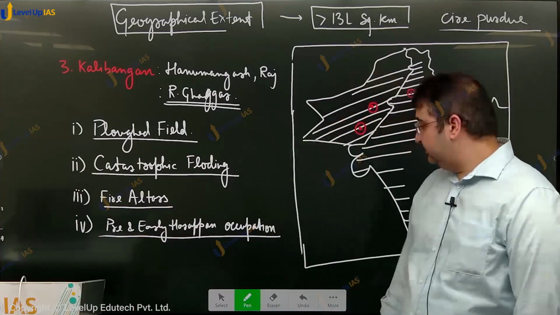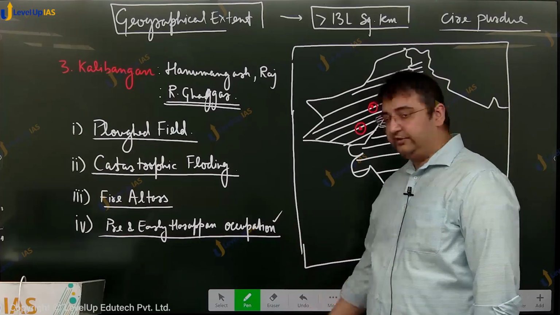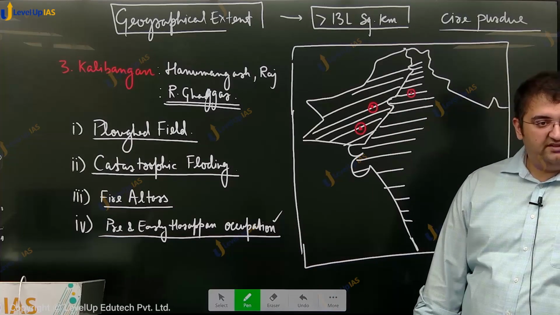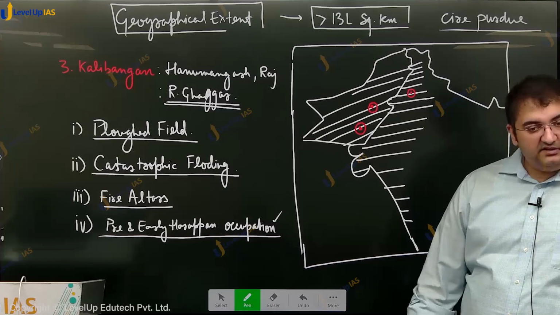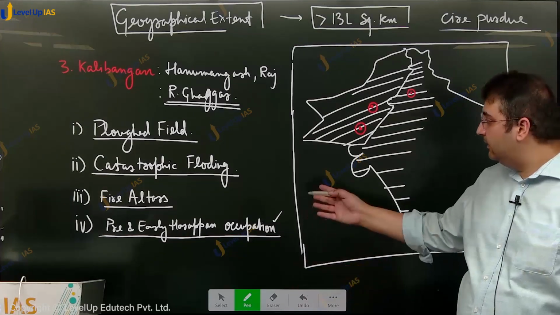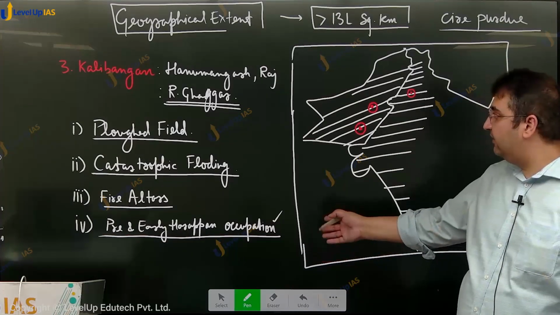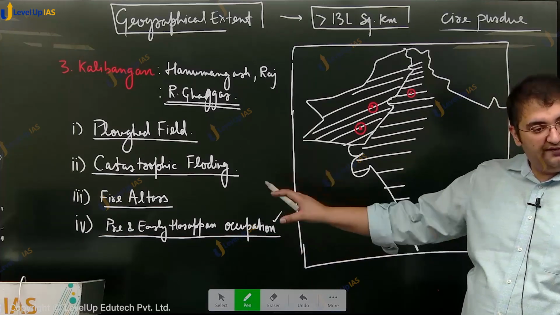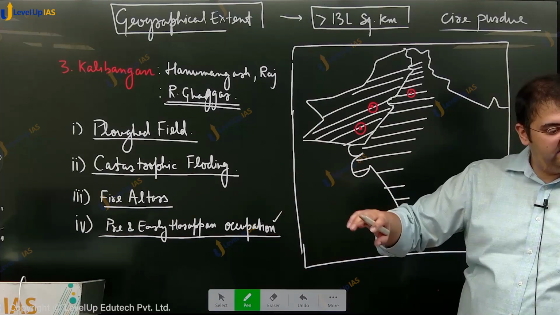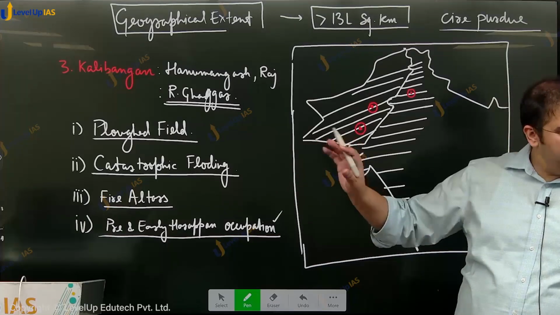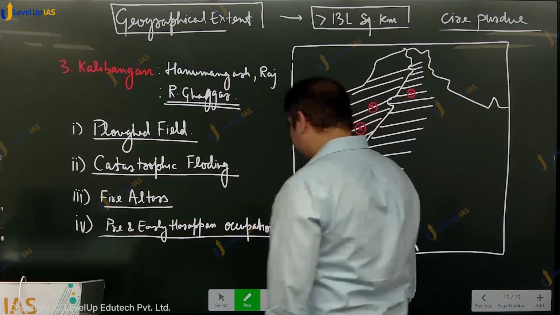So this is a very important site to support which theory of origin of the Harappan civilization? The indigenous gradual origin, that the Harappan people were living at Kalibangan not only during the mature phase, but even during the preceding phases, that is the early and pre-Harappan phases. Okay? So ये हो गया.